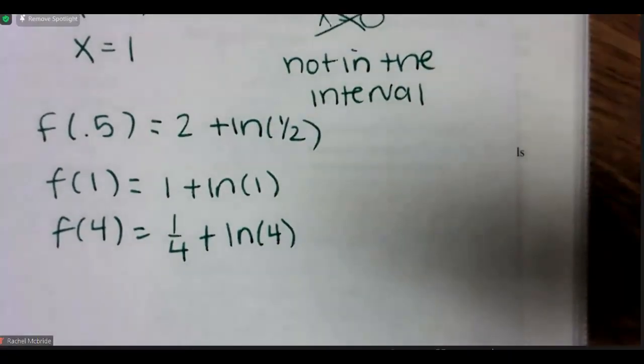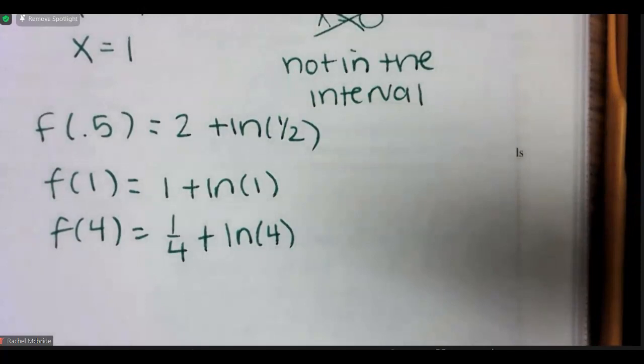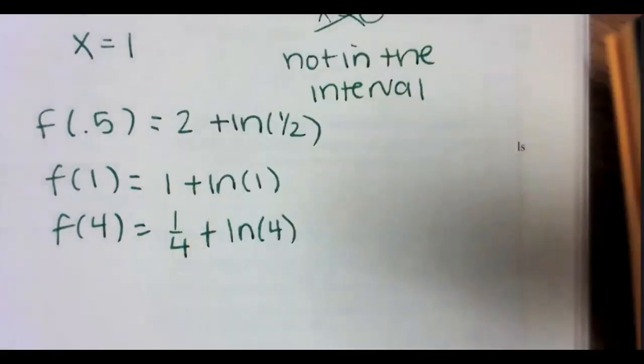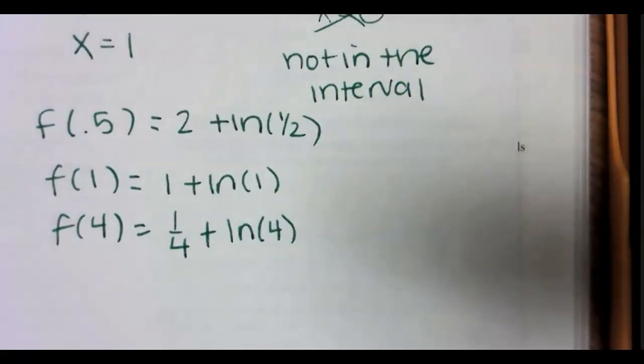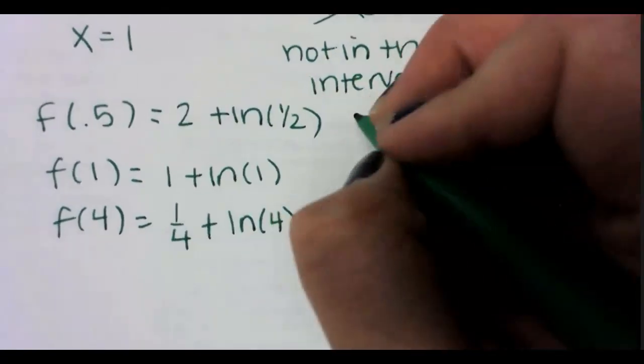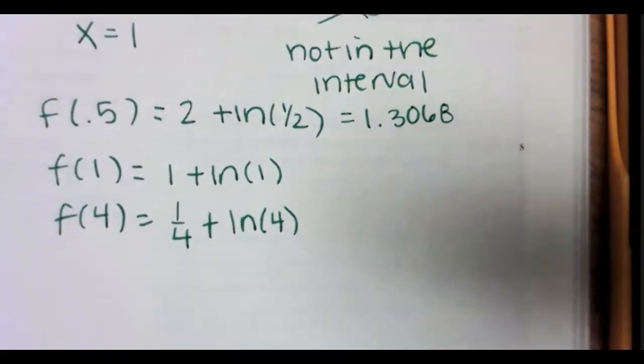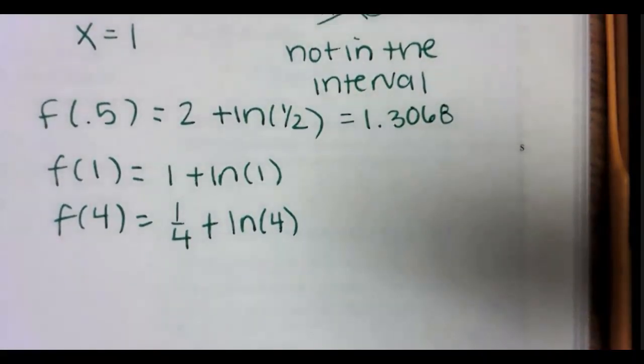Now, I don't anticipate for you to know your natural logs all that well. So if you needed to type in like the natural log of 2 or the natural log of 4, etc. to get what they are, 2 plus the natural log of 0.5 is 1.3068. 1 plus the natural log of 1 is 1, because natural log of 1 is 0.